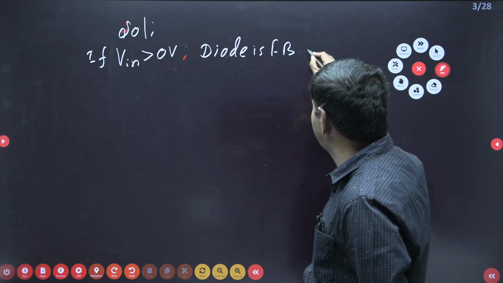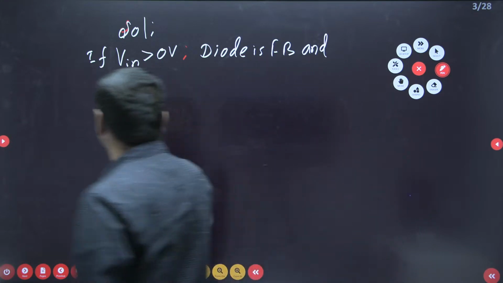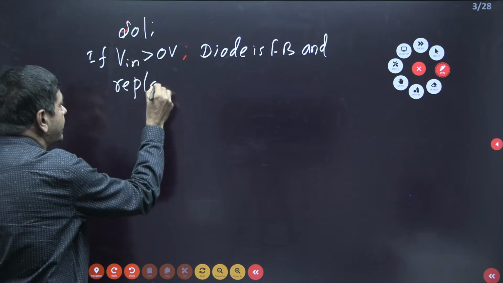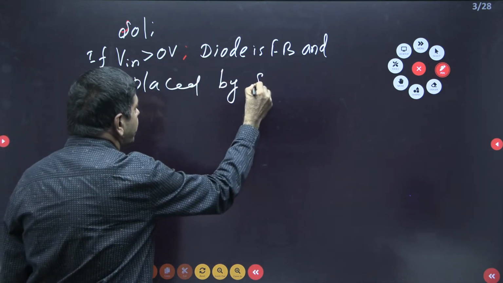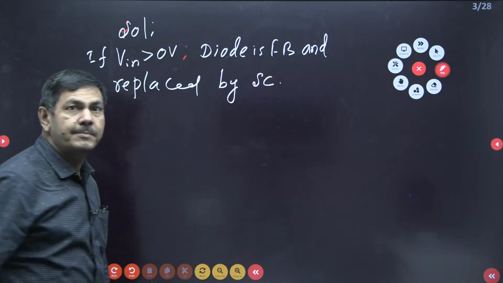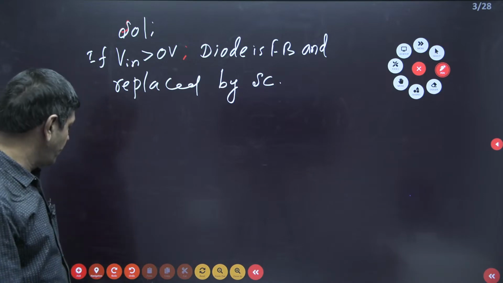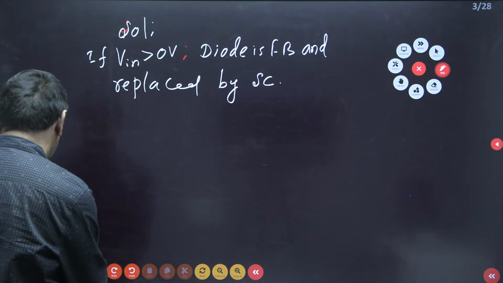Diode is forward biased and replaced by a short circuit. If it is replaced by the short circuit, how is the equivalent circuit to be drawn? I will explain now.